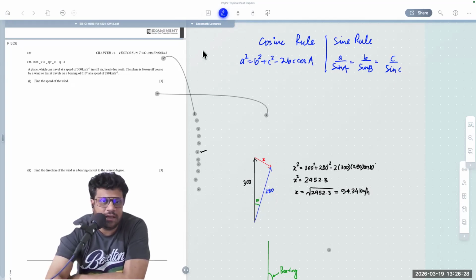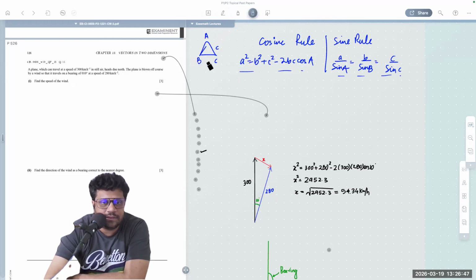All of the ones that I have written here are for any triangle which has the sides named A, B, and C. The angles are, so you know, the side small b is against the angle B there.